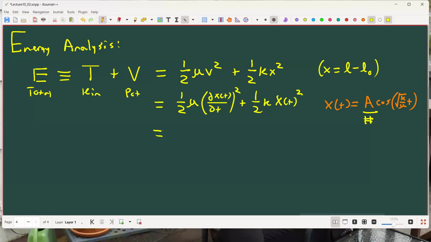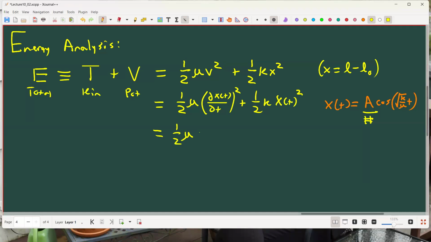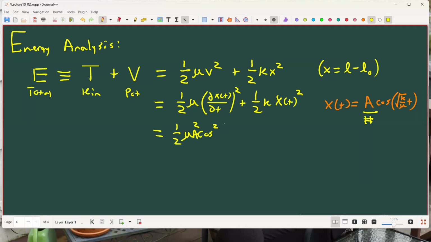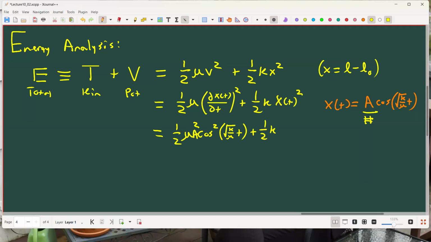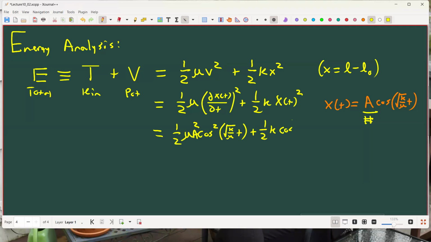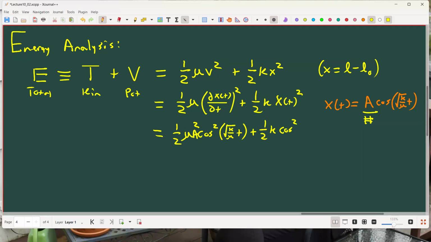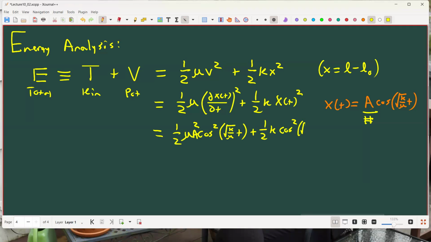And so this comes out to 1/2 mu a squared cosine squared of k over mu t plus 1/2 k cosine squared of k over mu t.